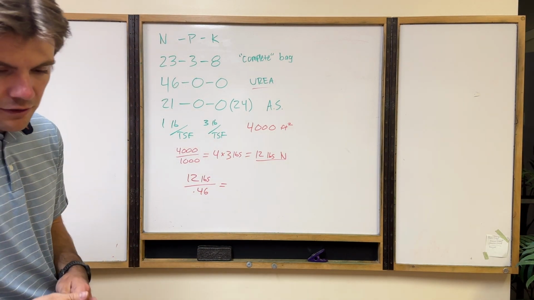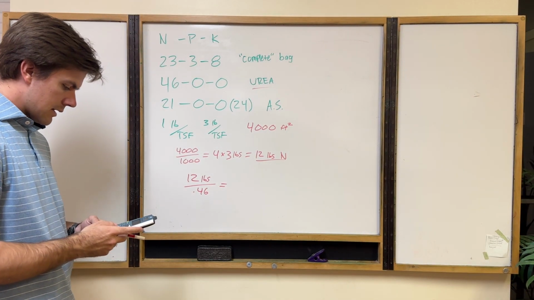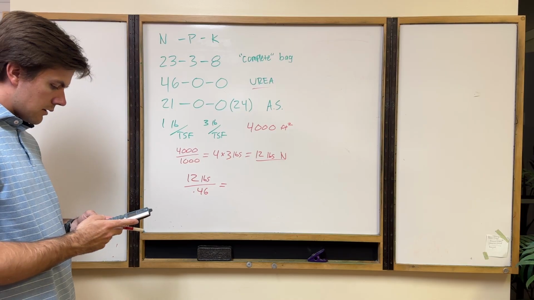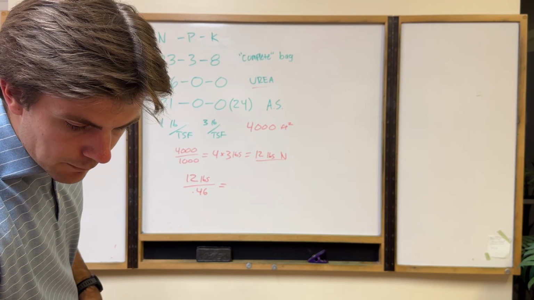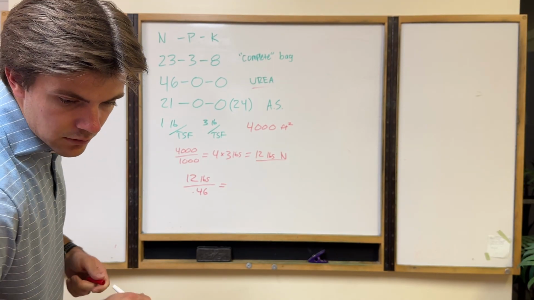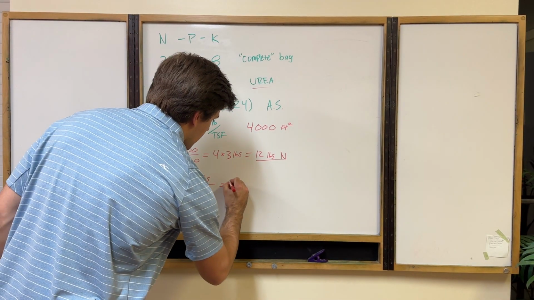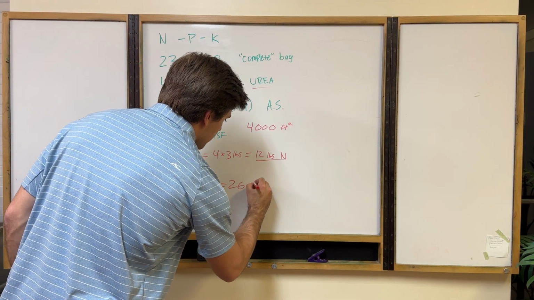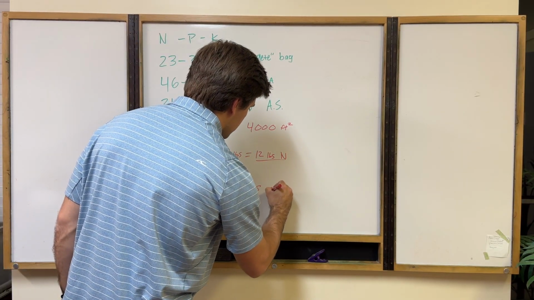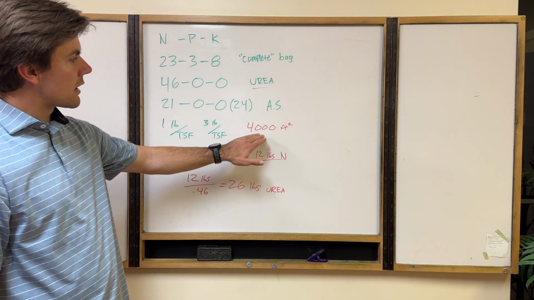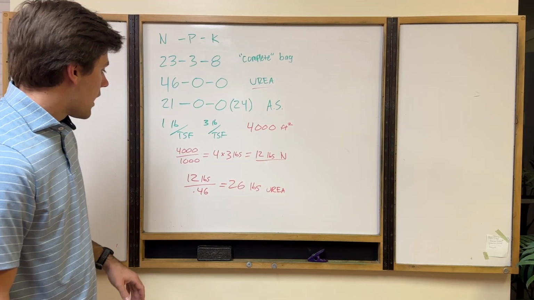I'm going to need my calculator for this one, but 12 pounds divided by 0.46 means you're going to need about 26 pounds of urea for your entire yard that is 4,000 square feet.